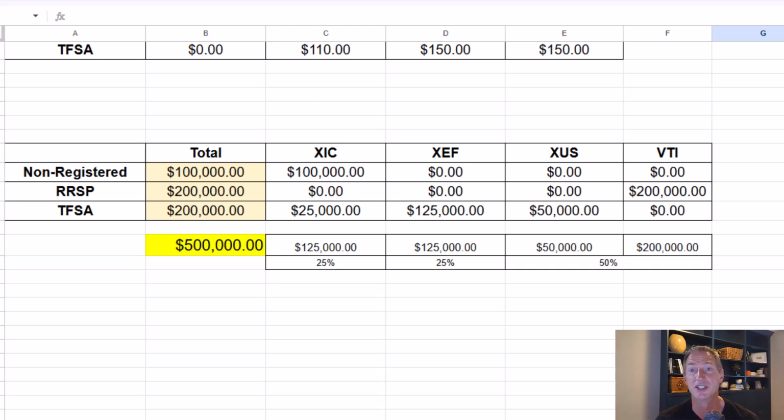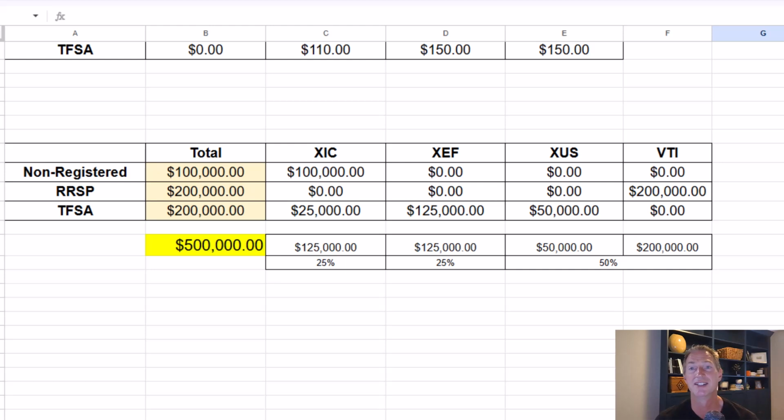I don't do the currency conversion. There's no advantage there. So you might as well leave it in Canadian currency. For my Canadian portion, I put everything that I can that's left after maxing out my TFSA and RRSP into my non-registered to take advantage of that tax benefit. And so in this case, it was $100,000. The rest I put into TFSAs, and you can see I just put my XEF into my TFSAs.